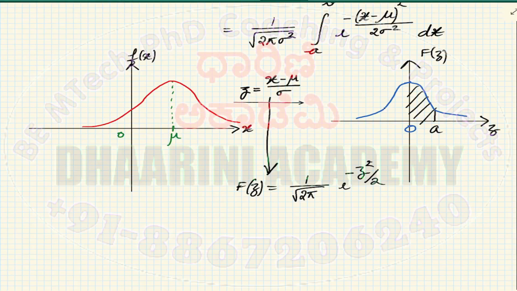For minus a to a, you simply take this area times 2, because it is symmetric. That's one very basic advantage of using the standard normal distribution over the normal distribution. Whereas with the normal distribution, the minus a is here and the plus a is here. It's completely different, and you have to do completely different integrations to calculate the total area.